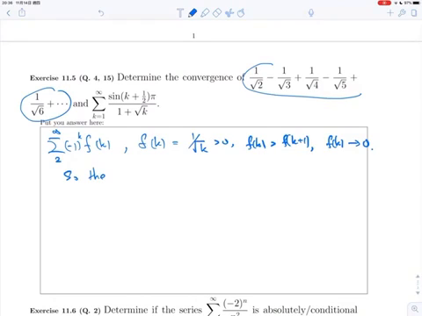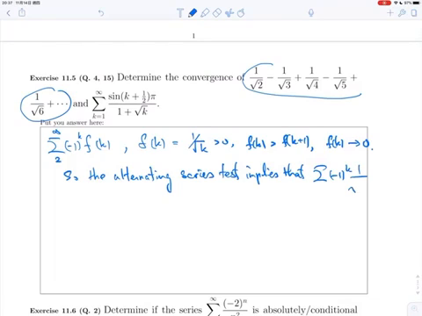So the alternating series test implies that the sum of minus 1 to the power k, 1 over root k from 2 to infinity converges.